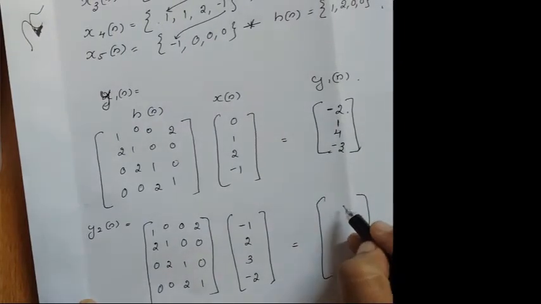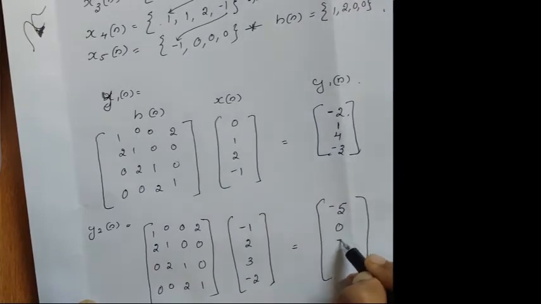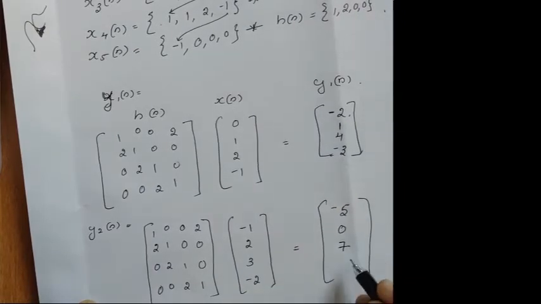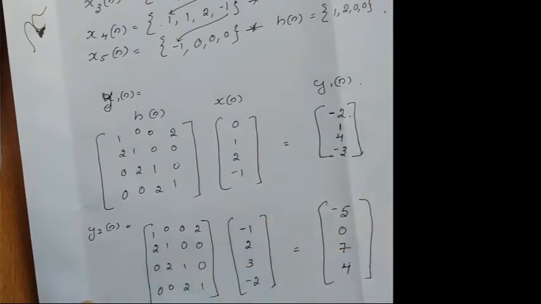You can do the matrix by yourself. You will get minus 5, 0, 7, 4. Just do the matrix by yourself and you will get the answer.